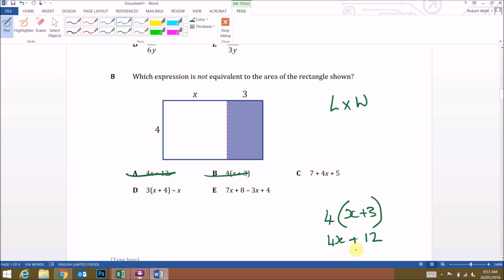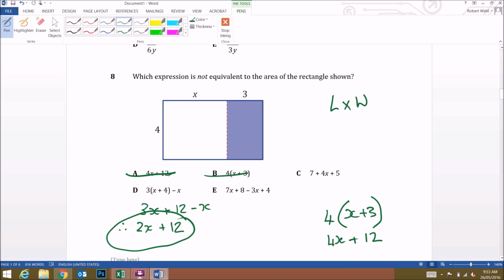And now we can go through and start looking at the other ones to see if these expressions are going to be equivalent. So here, let's start with D. We get 3x plus 12 minus x, which gives us 2x plus 12. Well, that one doesn't look equivalent.